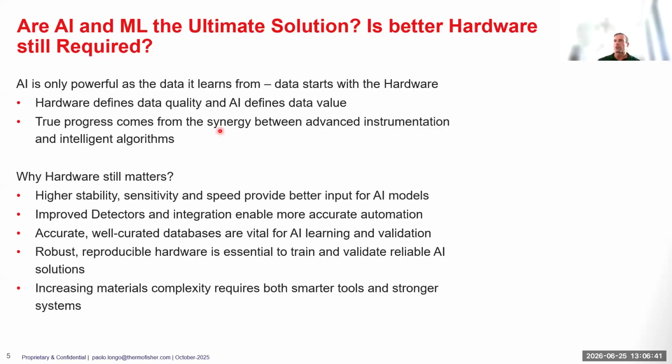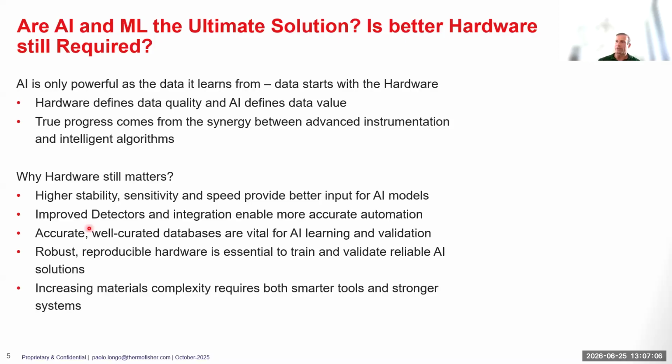So why do we need to improve the hardware? Because we want higher stability, higher sensitivity, higher speed, and that would improve our AI models. If we have improved detectors and integration, we can enable more accurate automation. This accurate data is also important for AI learning and validation.